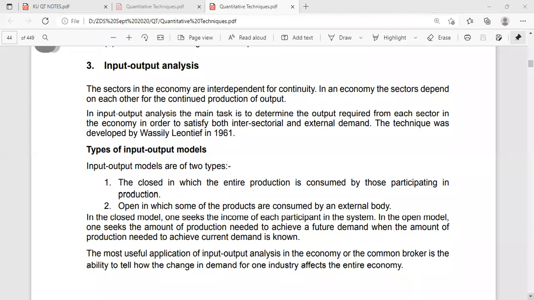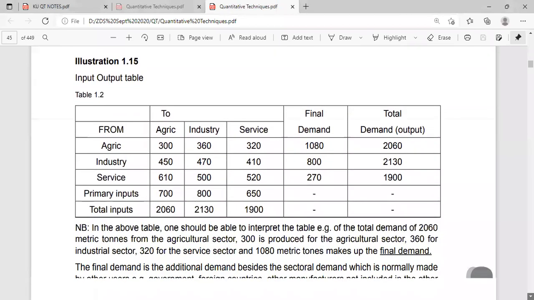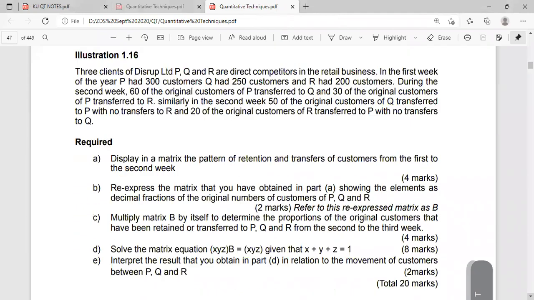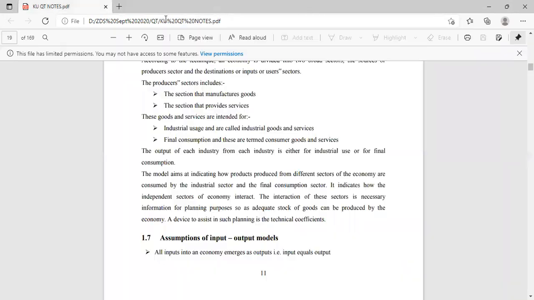I'm just taking you through the process of deriving the technical coefficient. Let me share different notes. Let me close these notes, they keep on confusing me.